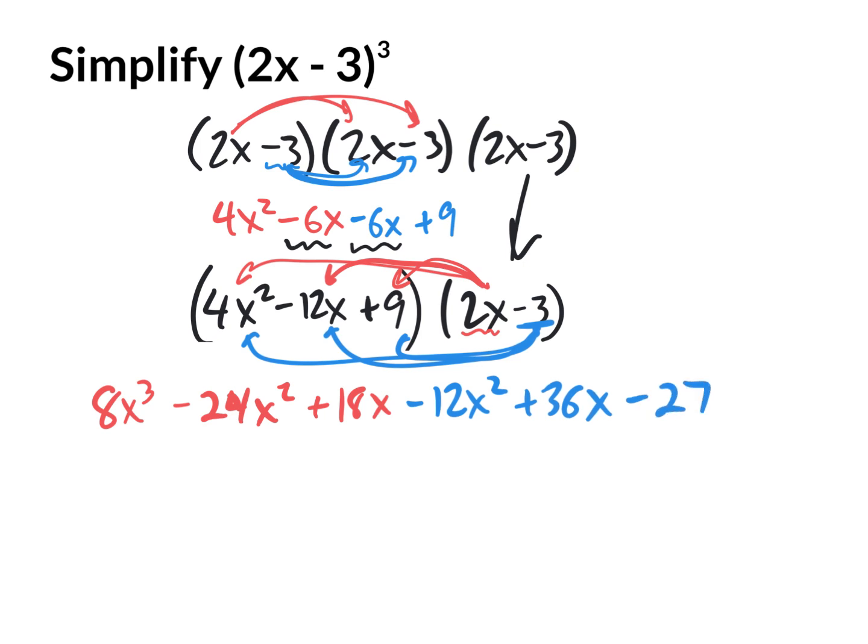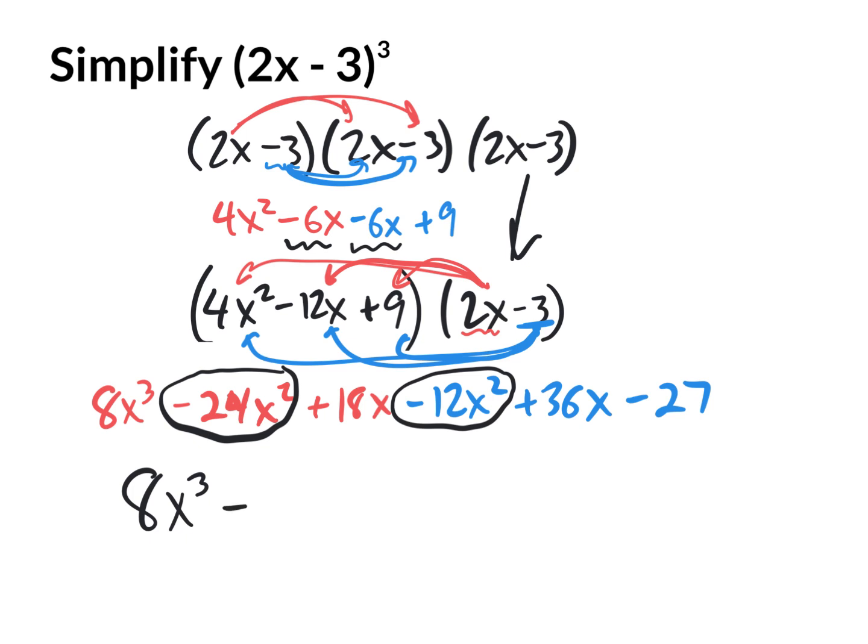And then after distributing, we need to combine like terms. So the 8x to the third, there are no other x to the thirds. So that is the first part of our answer, 8x to the third. And then we move on to combining the x squares. We have a negative 24x squared with a negative 12x squared. So if you owe 24, you owe 12, you're going to owe 36 of those x squares.